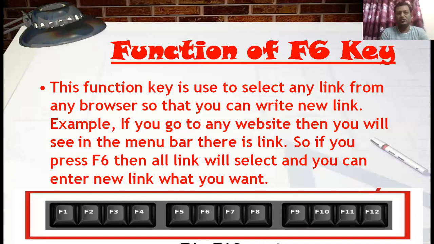Now another important key, that is F6. This important key you also use for different purposes. It will select the address bar of any browser so that you can write a new link. Suppose you want to write a new link, at that time you would have to erase the old link and then write.